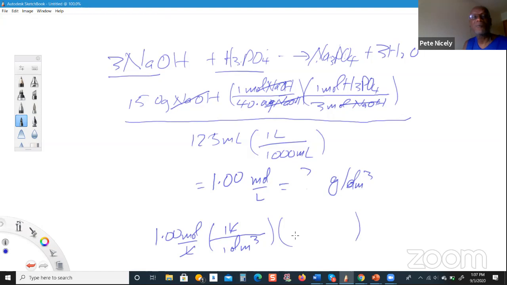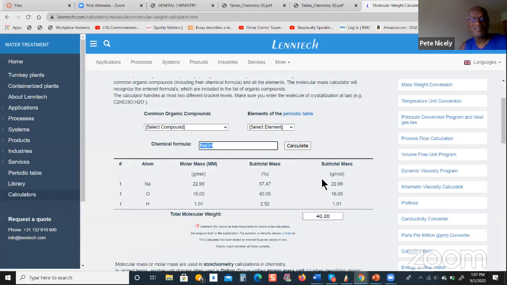But to convert from moles to grams, again, we're going to need a molar mass. So down here, you're going to have 1 mole of the sodium phosphate, and up here, the molar mass of the sodium phosphate. So let me go to my calculator again. Na3PO4, calculate, 163.94.